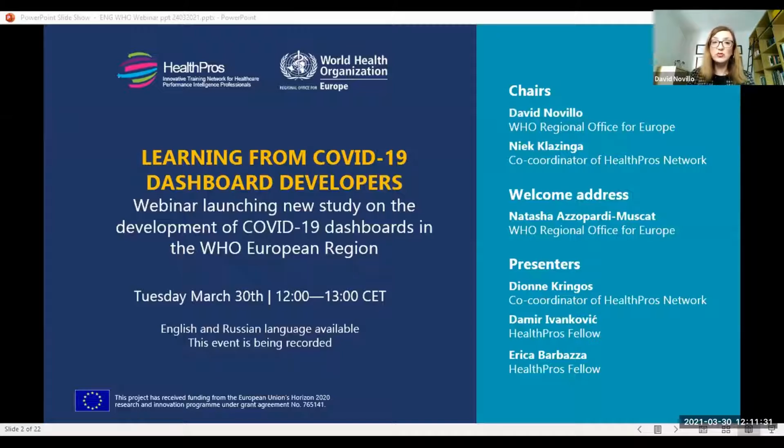The study also showed that understanding the perspective of the dashboard developers may help us also to strengthen the dashboards for the benefit of public health reporting and strengthening of national information systems, which is a priority area of focus identified in the European Programme of Work, where we talk about moving from the why and the what to the how, to implementation.